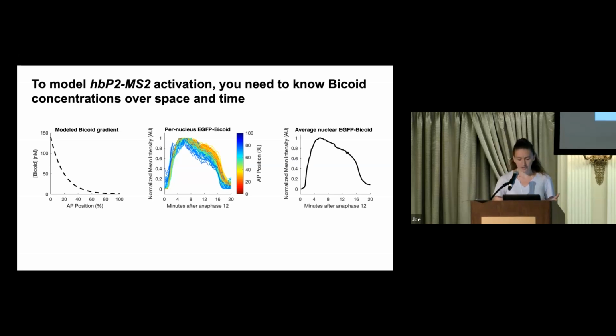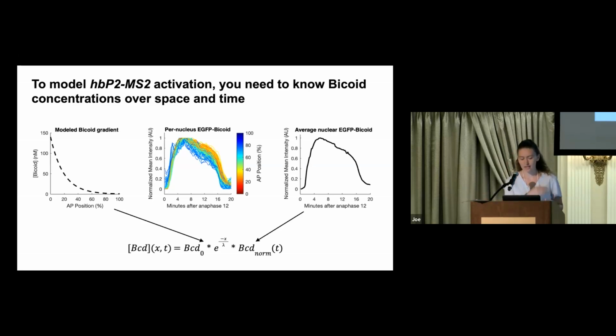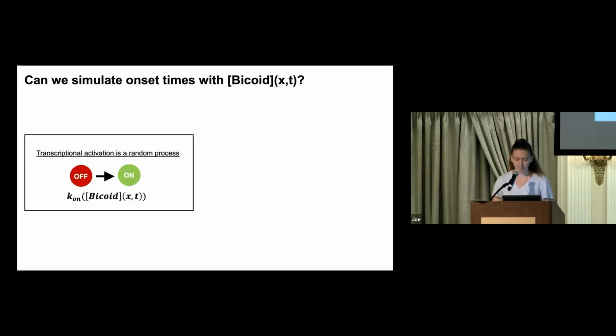And then I averaged these dynamics. And I multiplied the prediction from the gradient model with the normalized fluorescence levels at each time point to get a sense of how Bicoid concentrations in nanomoles change over space and time.